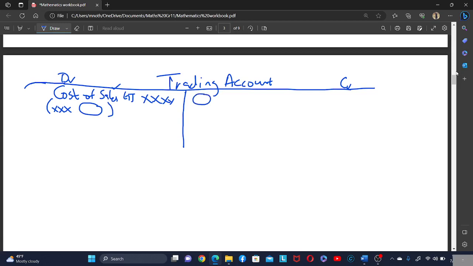You write the date and then you must record here the sales. You open the bracket, take the sales that are given in the trial balance, and then subtract the debtors allowances.